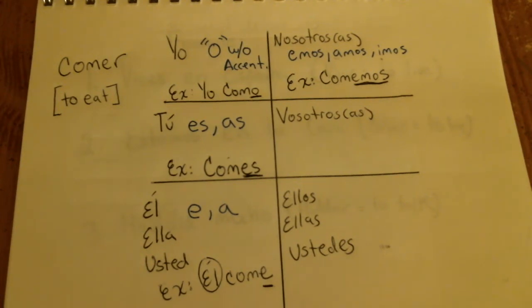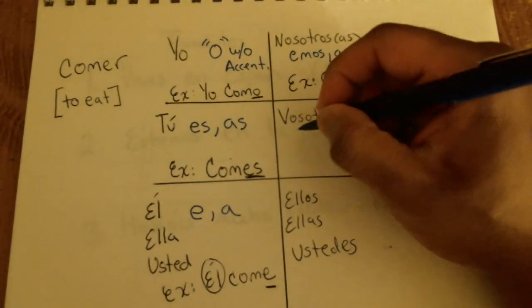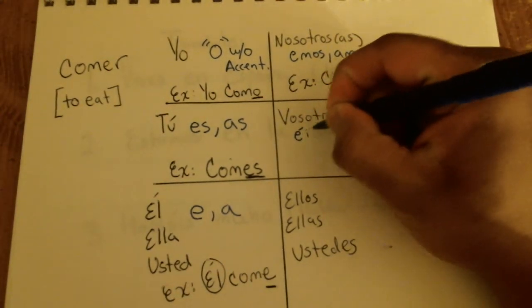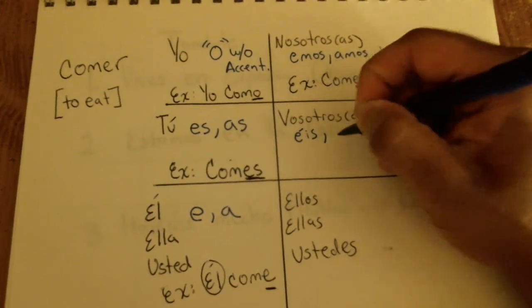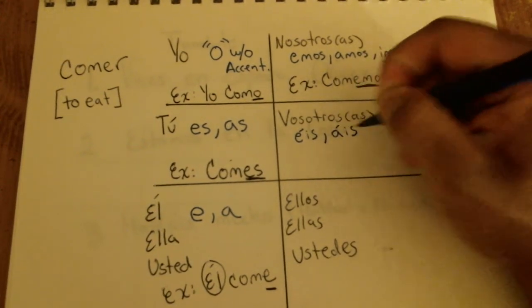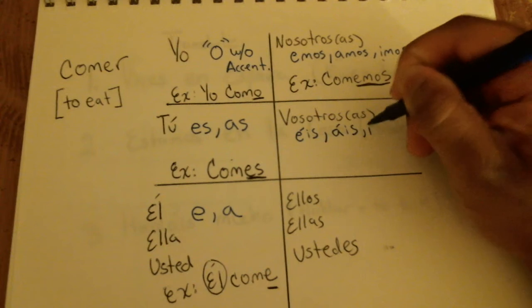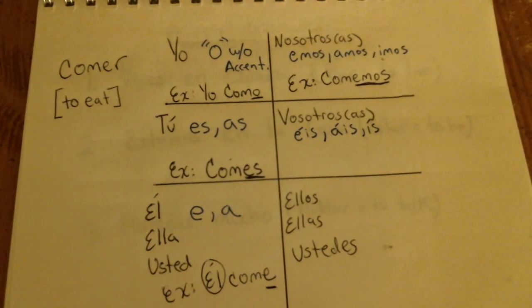Now let's move on to vosotros, or in other words, vosotras, if you're talking feminine. Typically, these endings are going to be áis, mind the accent mark over the A, éis, mind the accent mark over the E, or ís, okay? And that I has an accent mark as well. Typically, these endings will mean y'all do something or y'all did something. Back to the verb comer.